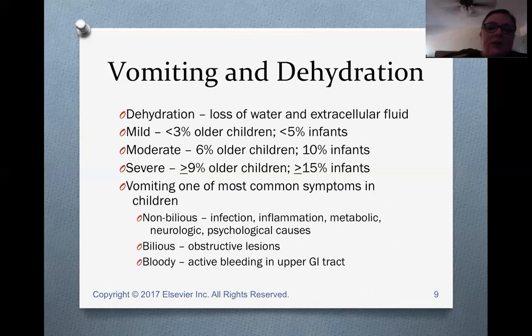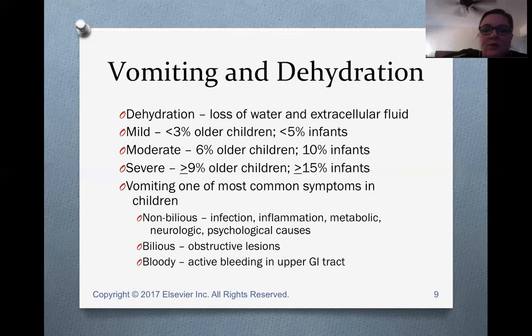And so if our weight drops, that is most likely water weight that we have lost. So you want to make sure you have an accurate weight and weigh those children, and that will help with the classification of what stage of dehydration they are at.